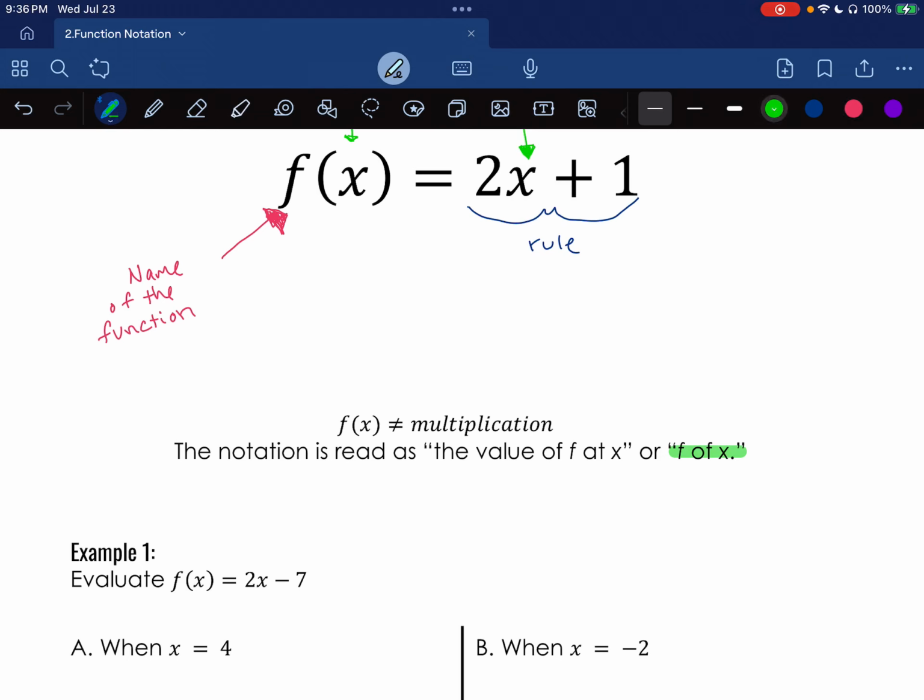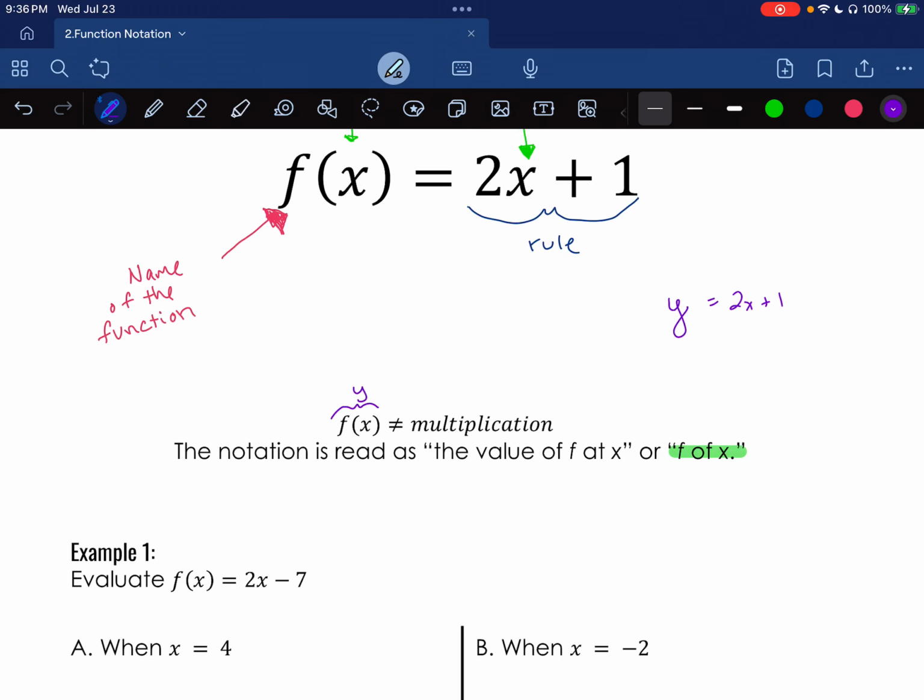It is like y. So in the past, we would have written, say, y is equal to 2x plus 1. With function notation, we are going to have f of x showing us our output.